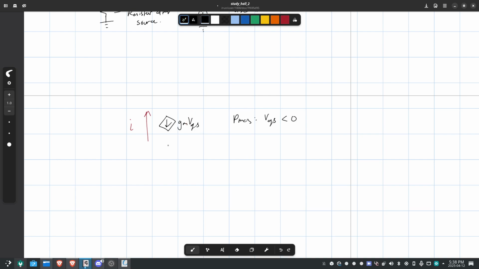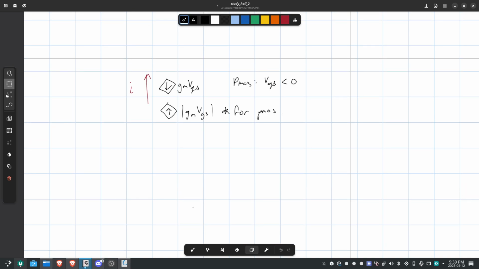You can rewrite this as the absolute value, because you're just playing around with the direction. For an NMOS, VGS is going to be positive anyway, so it's going to be going in that direction.